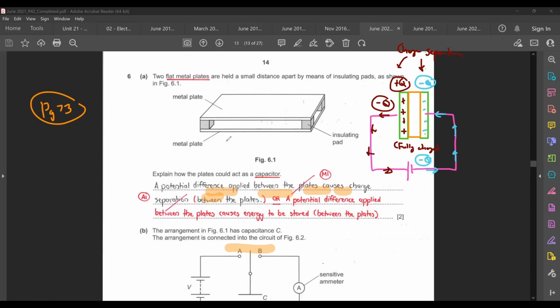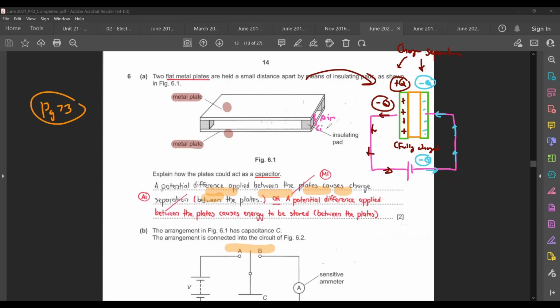Okay, so right now, when you look at your current diagram, this is actually quite similar to this in the sense that you have two metal plates, top and bottom here, and then in the middle is really just air. Okay, there's an insulating pad, and then after that, there's a layer of air in between, right? Because they're not in contact, there's a layer of air in between.